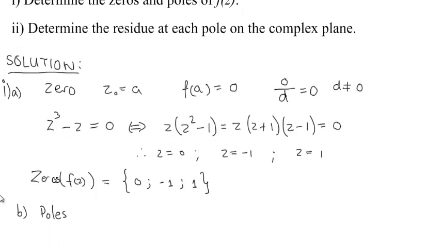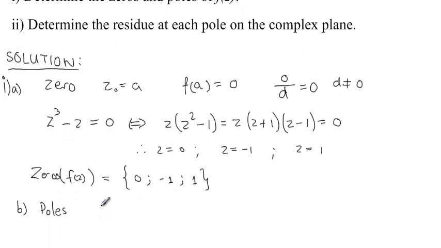To determine the poles given a function f of z equal to a numerator expression of z over a denominator expression of z, we need to set up an equation which says the denominator equals 0. Then solving this equation we're going to get our poles.